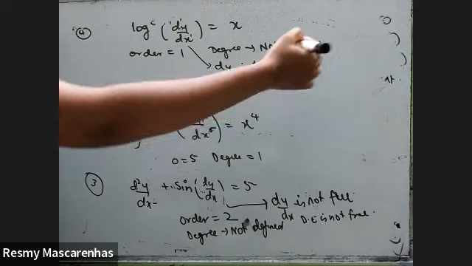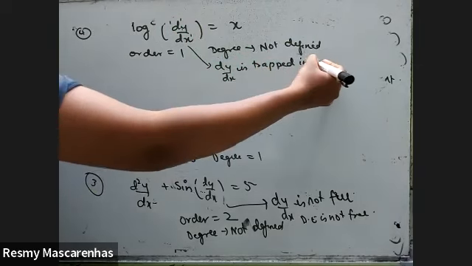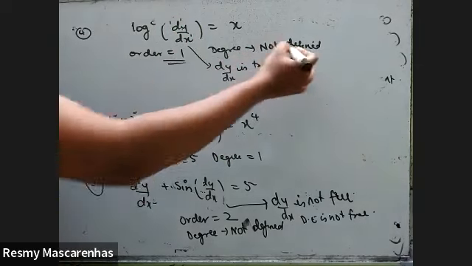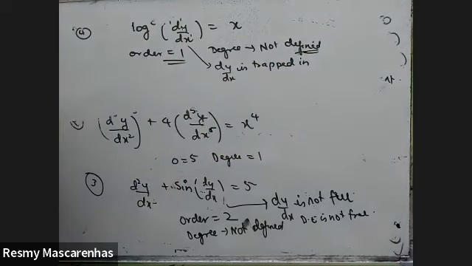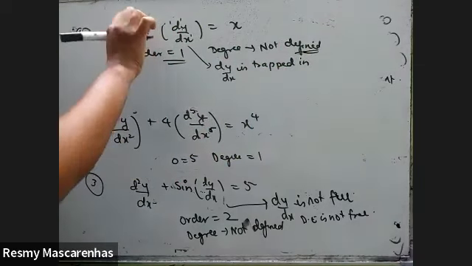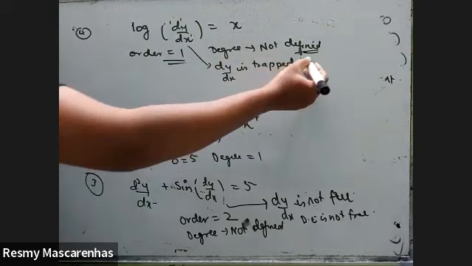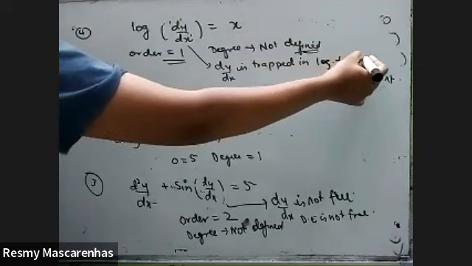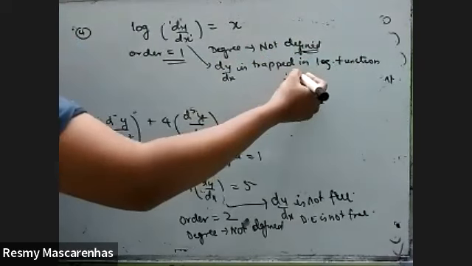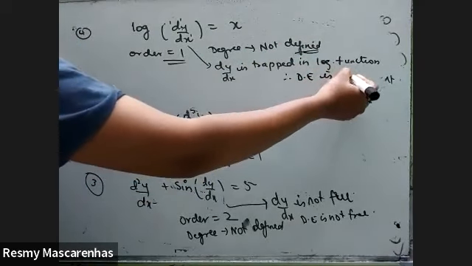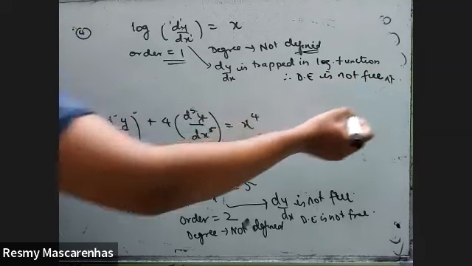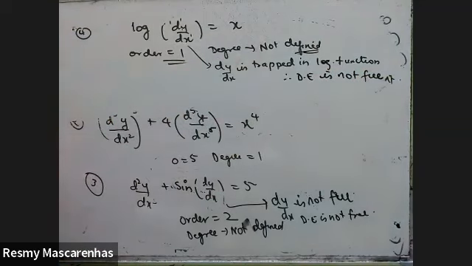You don't have to write this reason for the exam. This is only for your understanding. Only this is needed: dy by dx is trapped inside the log function. Therefore, the differential equation is not free. That's why degree is not defined.